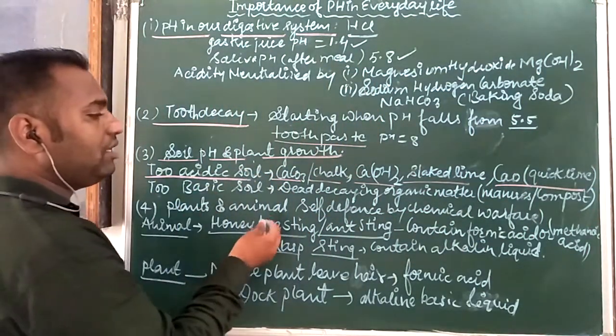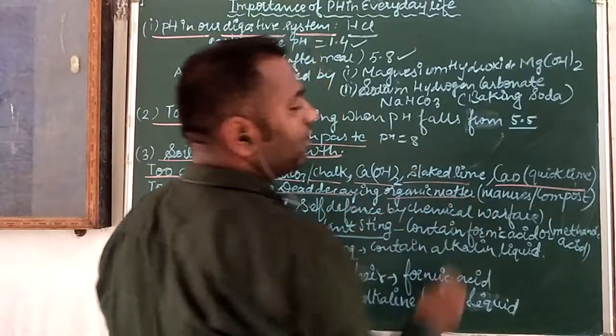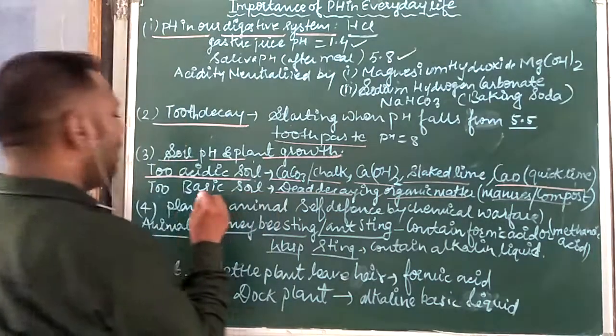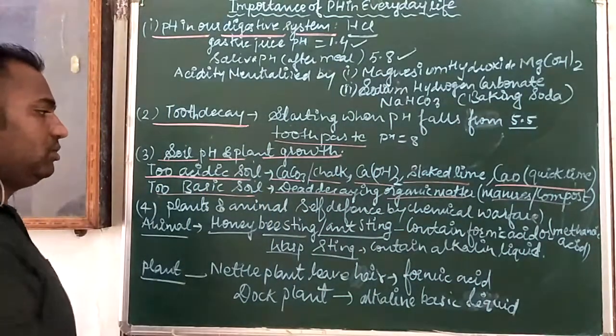For basic soil, we add dead and decaying organic matter, which is acidic in nature, that is manure or compost, to neutralize the basic soil.